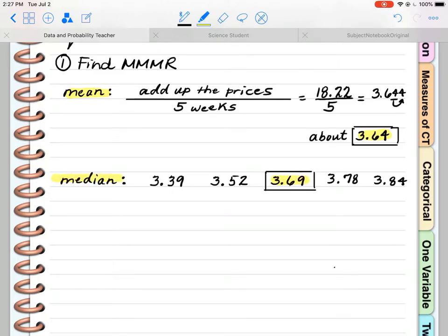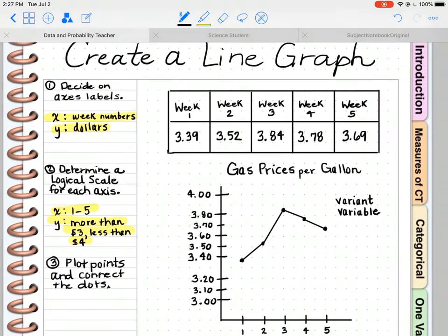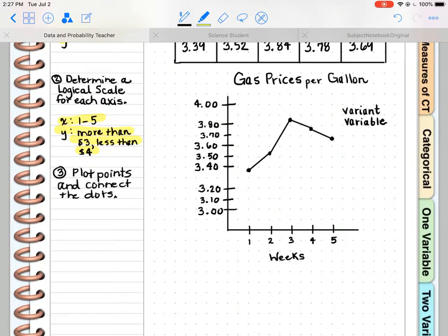Let me go back here just a second and show you something. Do you see how this line, the trend is variable? It is not straight up or straight down. If it looked like this or this, you could do a median without having to put them in order. But because this graph is not straight up or straight down, I know that I have to put my scores in order.